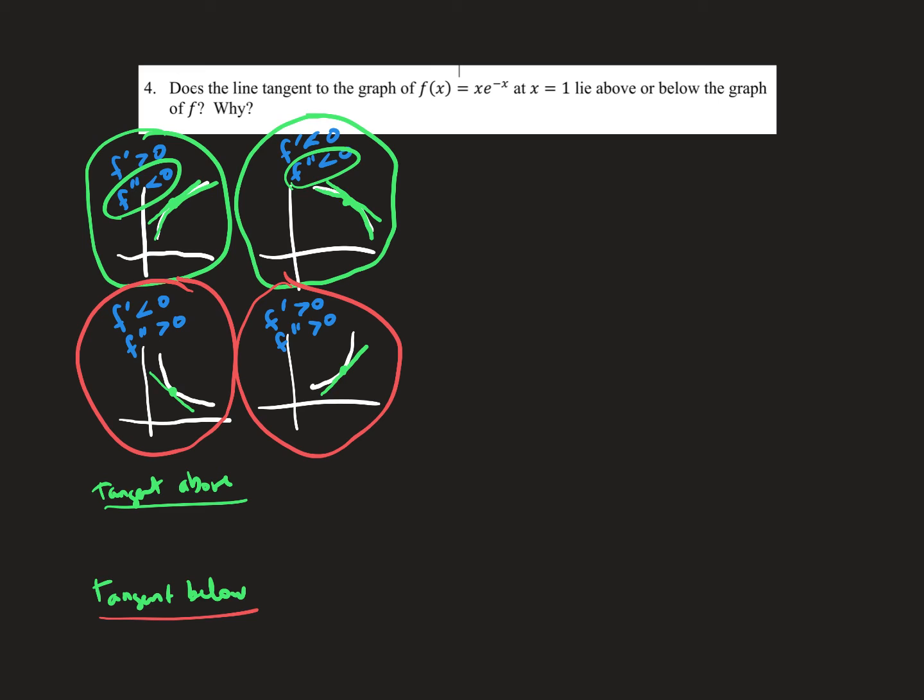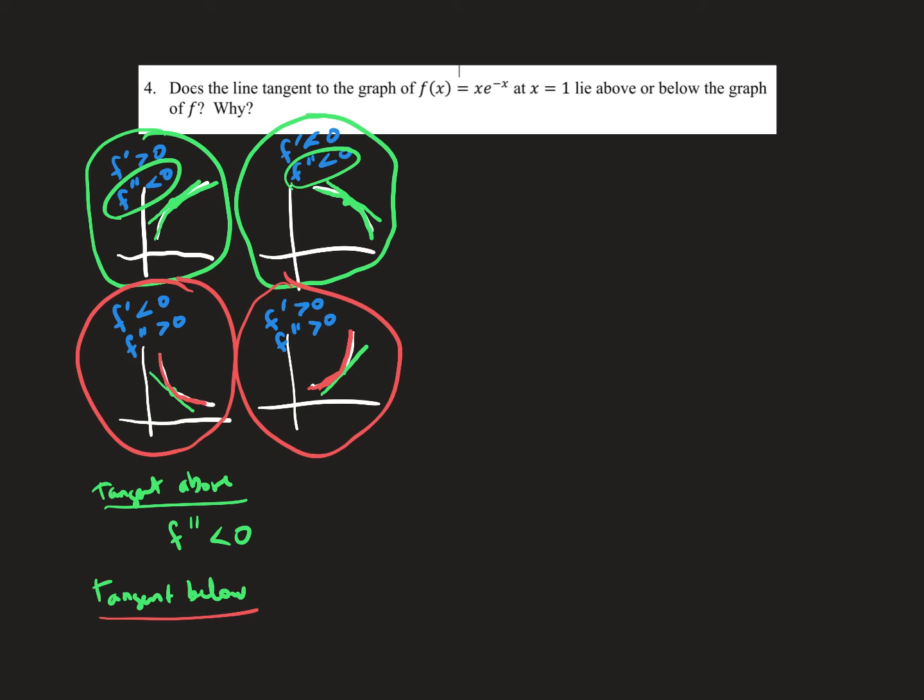And anything where the tangent line falls below, the graph is concave up. And again, that makes sense because the curvature would cause it to go up, and anything that's straight would be below that graph. So what this tells us is that if a function is concave down, meaning the second derivative is less than 0, then a tangent line is going to be above the graph.